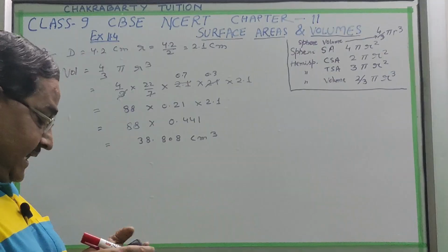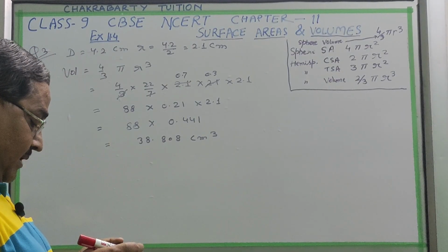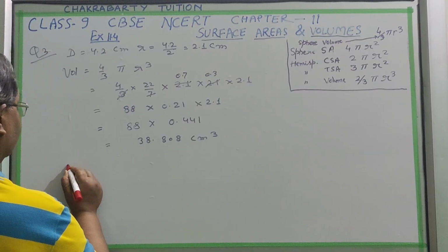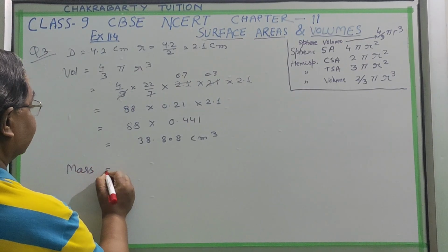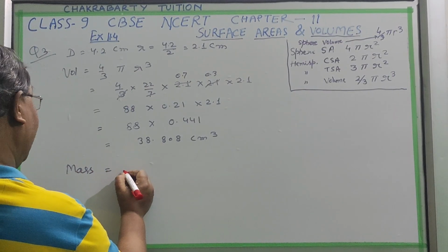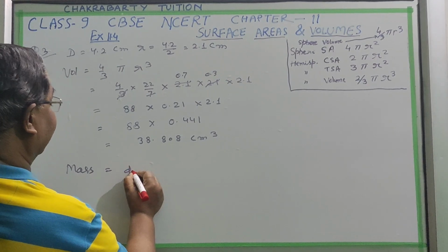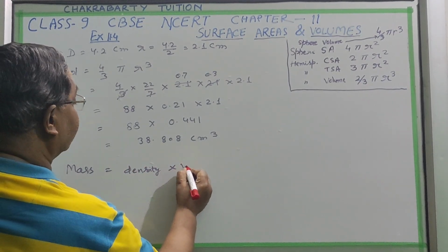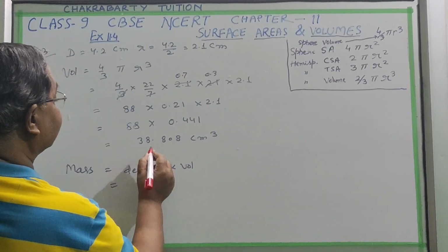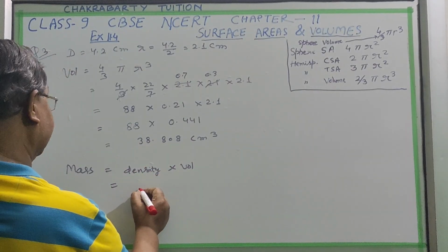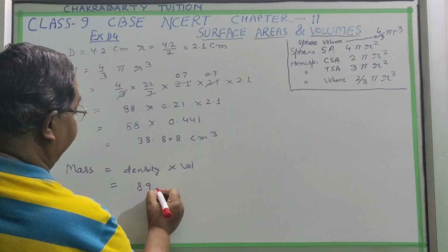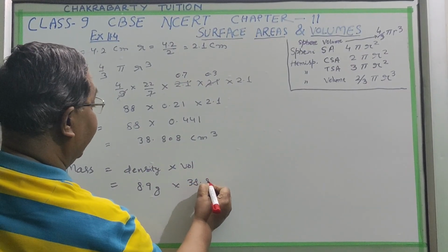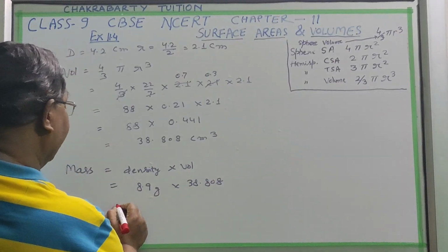Now we have the volume, and then we have to find the mass. So mass is equal to density into volume. The density is given in the question as 8.9 gram, and the volume you have found is 38.808.